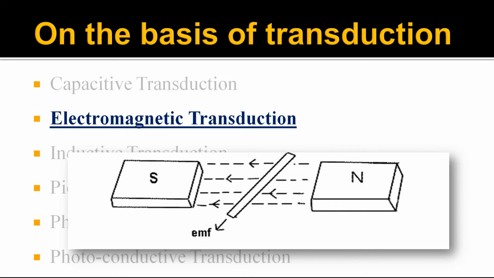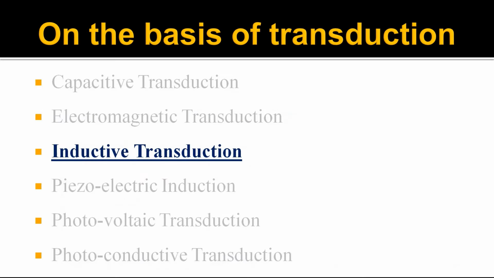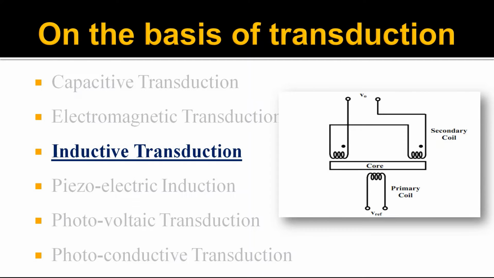Using this principle in electromagnetic transduction, the measured entity is converted to EMF induced in the conductor by change in the magnetic flux. Therefore, electromagnetic transducer is a self-generating active transducer.